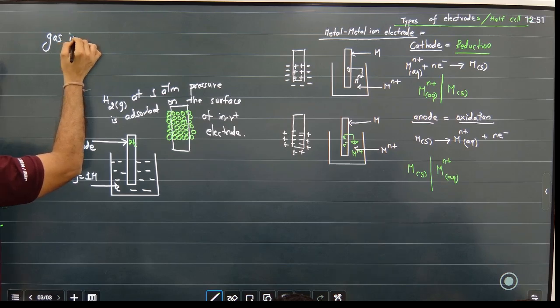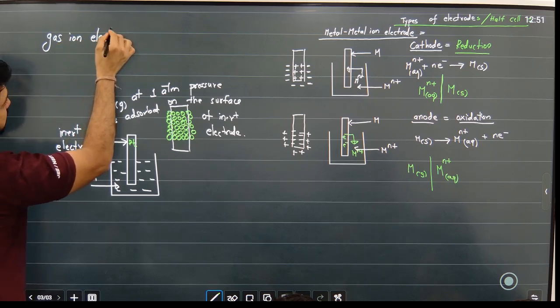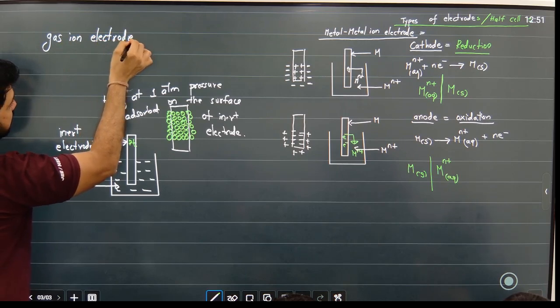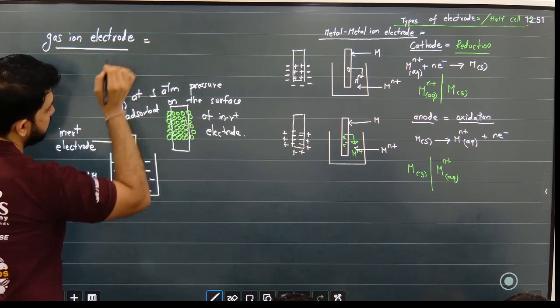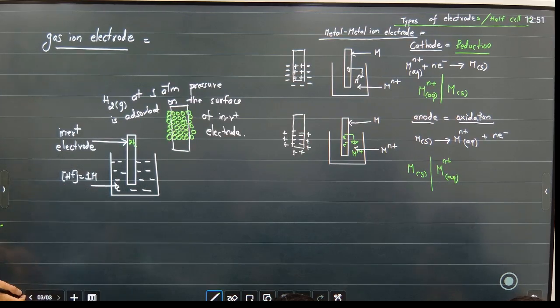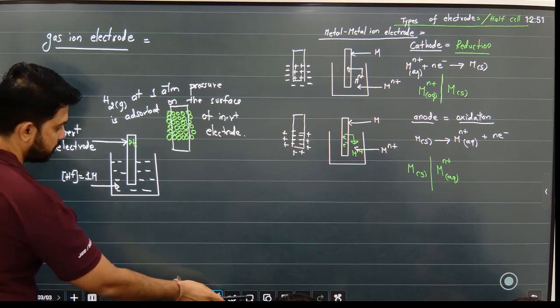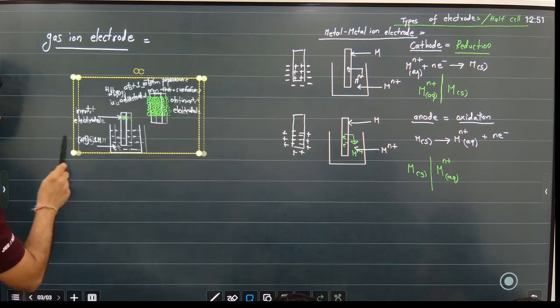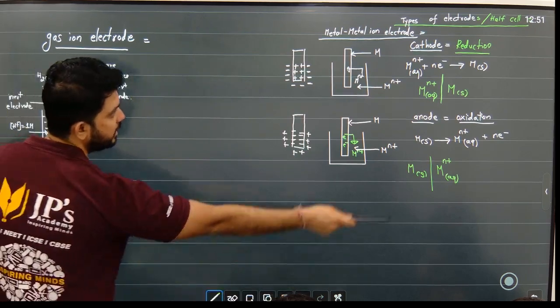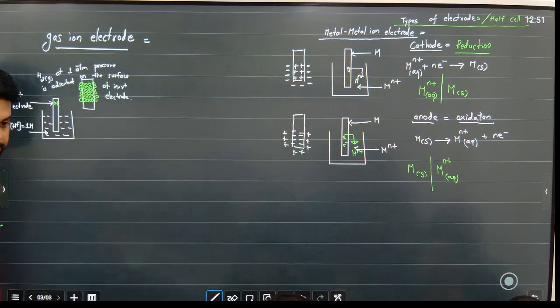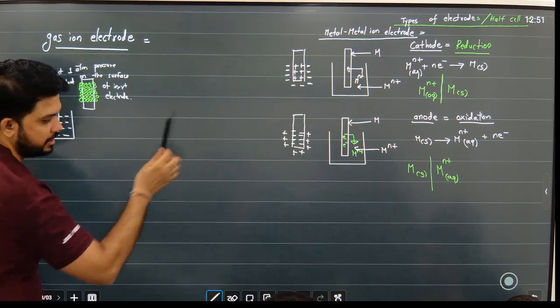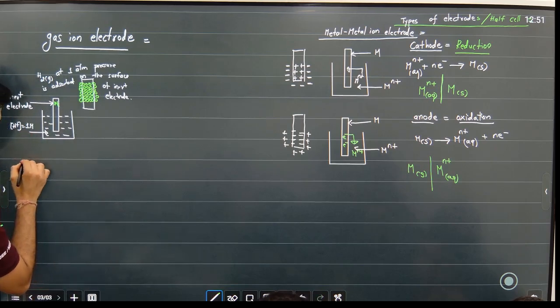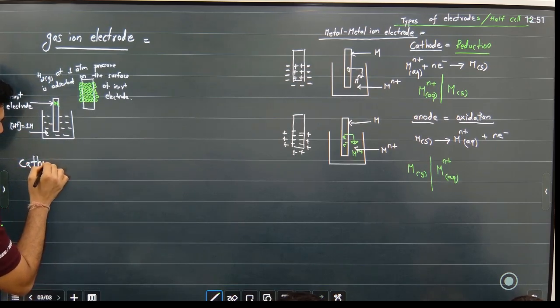Yeah, we can call it as gas ion electrode. Did you people get that? Now again, this gas ion electrode can behave as per requirements like a cathode. When it is behaving like a cathode, it will undergo what?